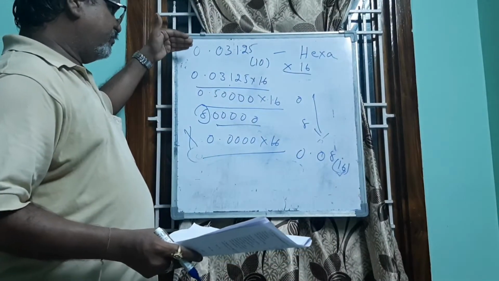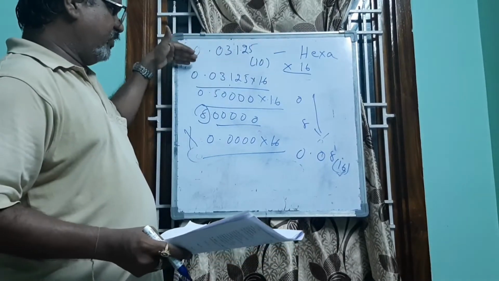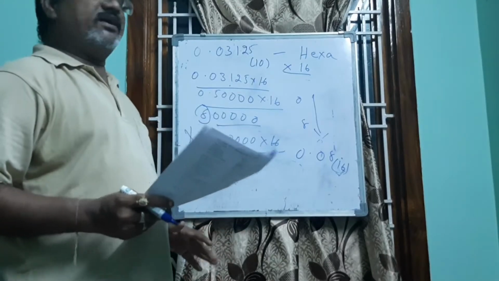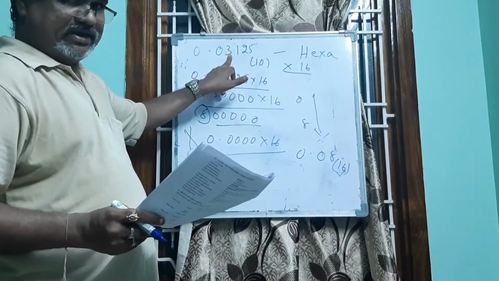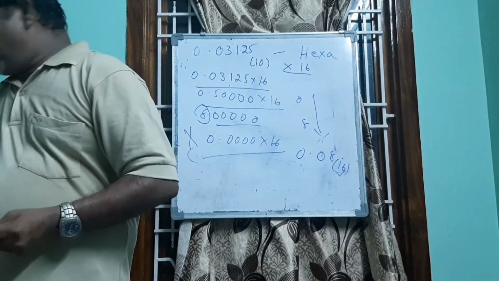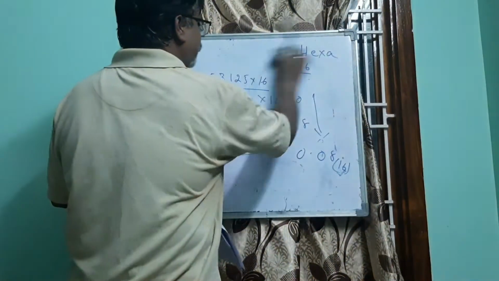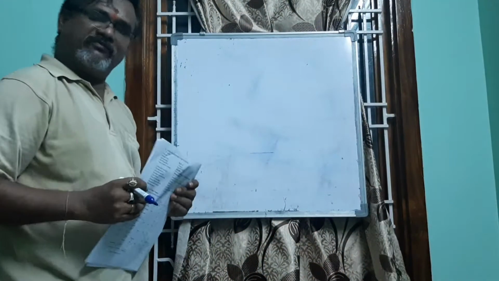So either converting binary to decimal, decimal to binary, decimal to hexa, or decimal to octal, whatever it is, we are going to do the multiplication process if it is a fractional number. Now you take one more example, converting a decimal number to hexa again, which contains an integer part and a fractional part.